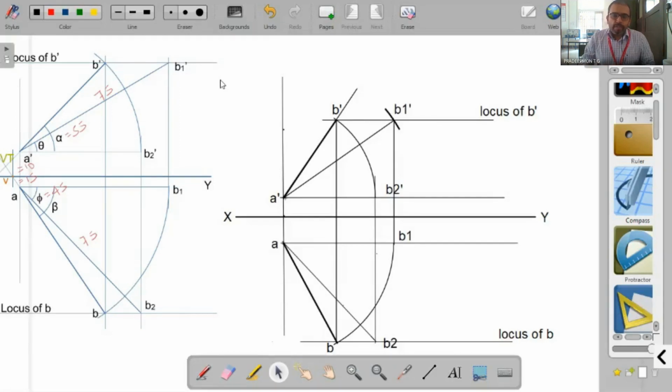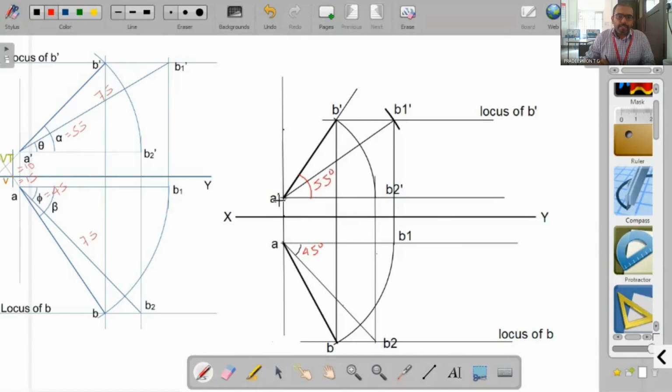That is first, and finally you have to give the dimensions also. I haven't given the dimensions. You have to give the dimensions also. This value is 45 degrees that you have to mark. Then the true length here, this angle is 55 degrees.